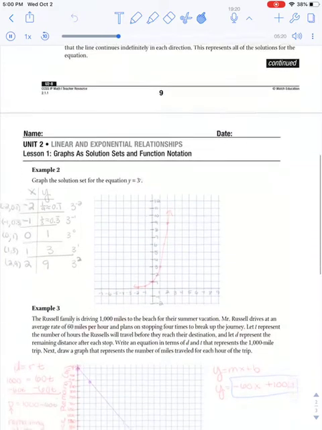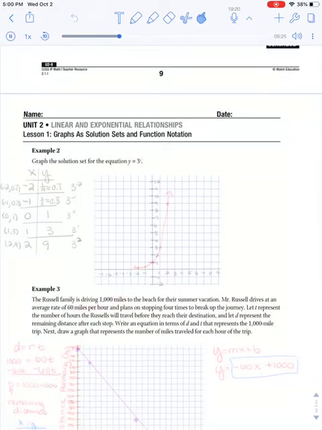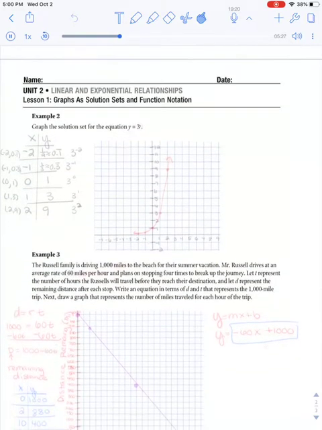So number 2 says graph the solution for the equation y equals 3 to the x. So hopefully you're thinking this is an exponential function. So we're going to make a table. Remember, exponential functions, you need a table of values in order to graph it. So let's pick, again, some good values.